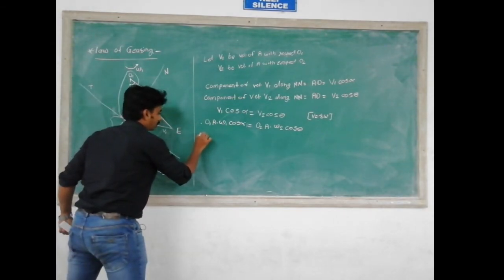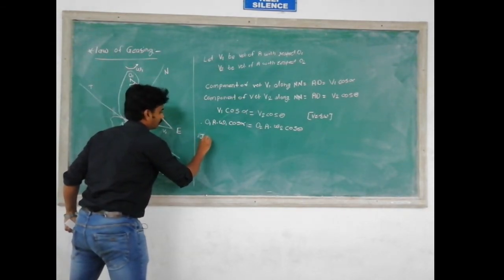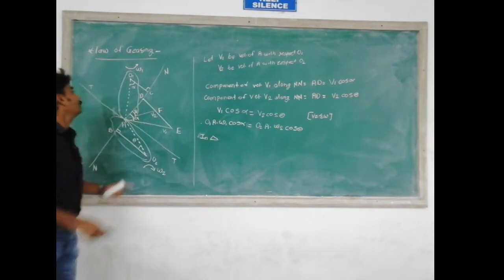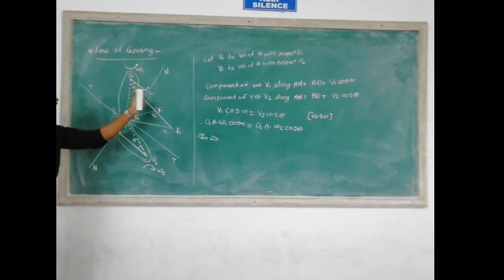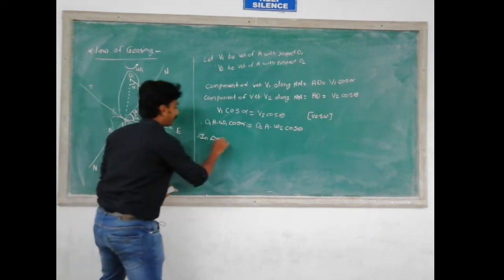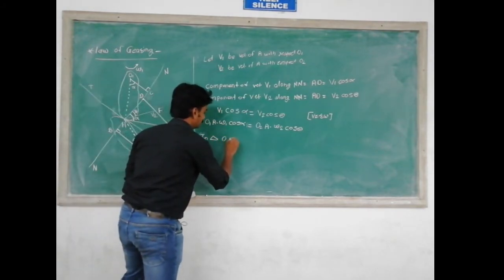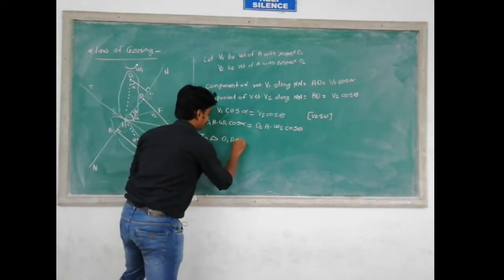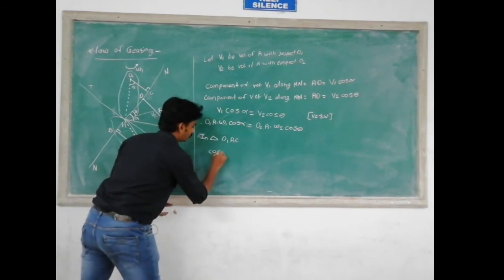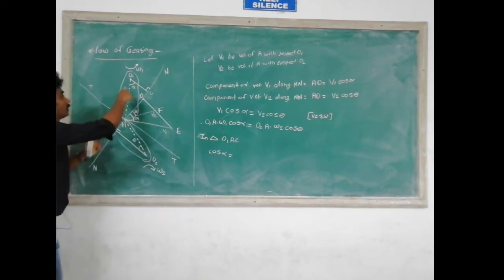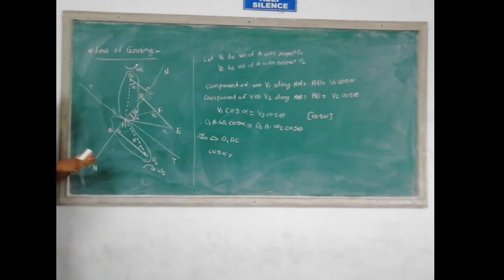Now in triangle O1AC, if we consider cos of alpha, O1A is the hypotenuse, and the adjacent side for alpha is O1C.